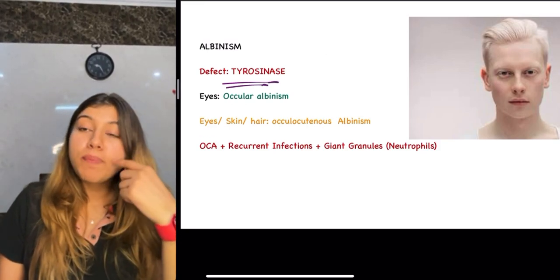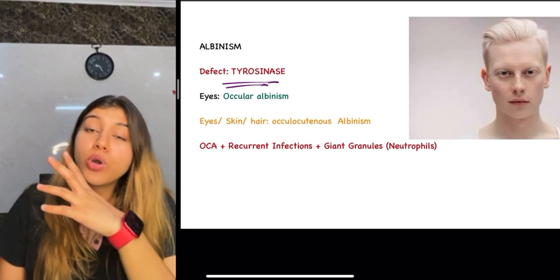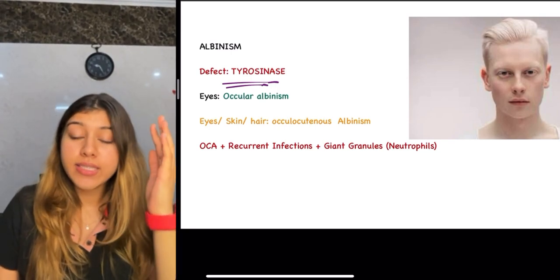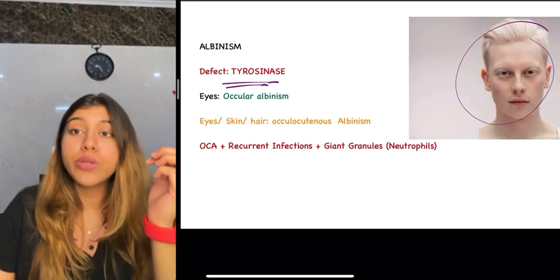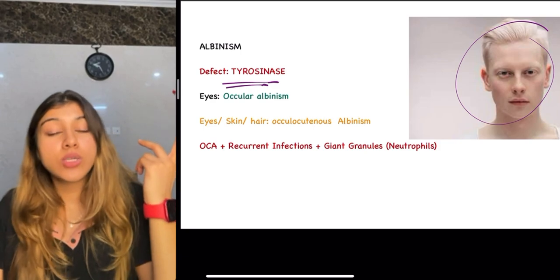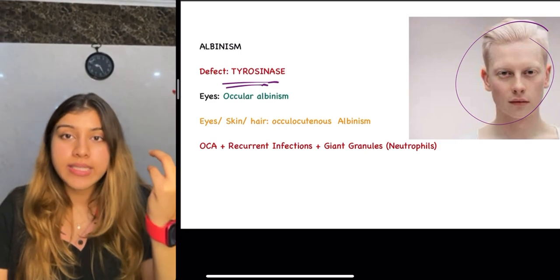Okay, if it is only present around your eyes, that is going to be called ocular albinism. If your eyes, your skin and your hair are involved, as you can see in this individual over here, you're going to call it oculocutaneous albinism.